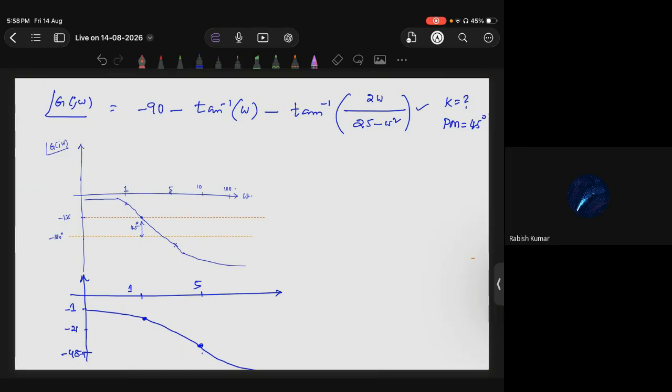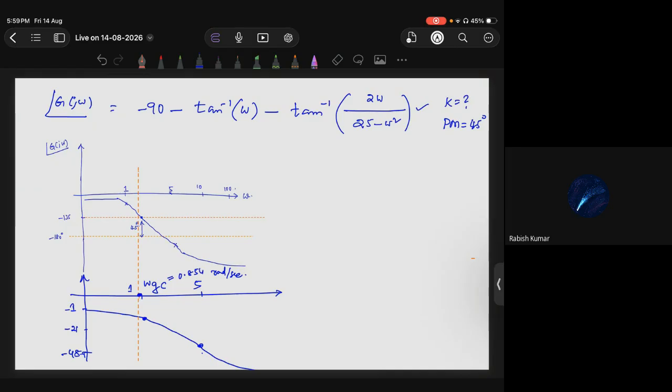Okay. So basically, this says, this point is your omega GC. Whenever that is equivalent to 45, this is your omega GC. So you will get that as 0.854 radians per second.